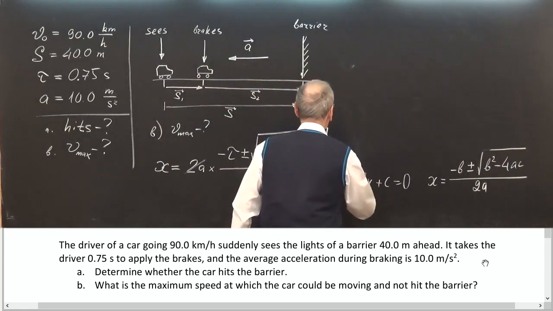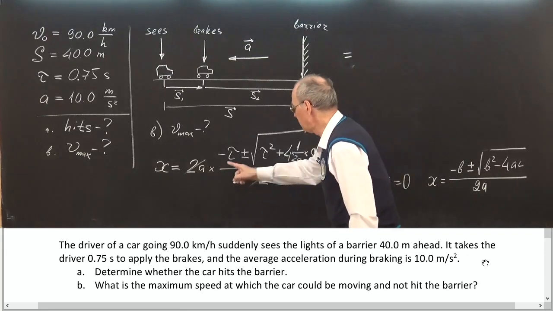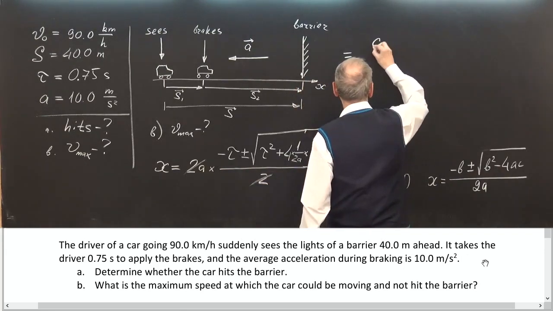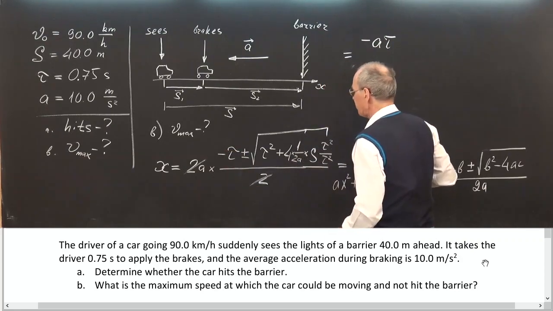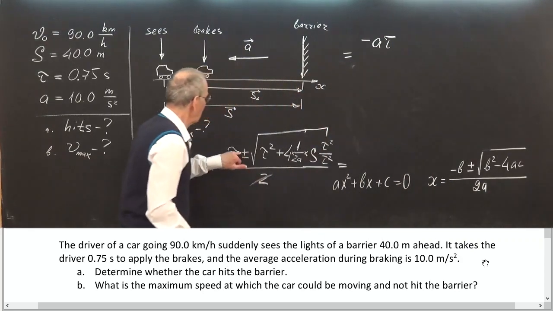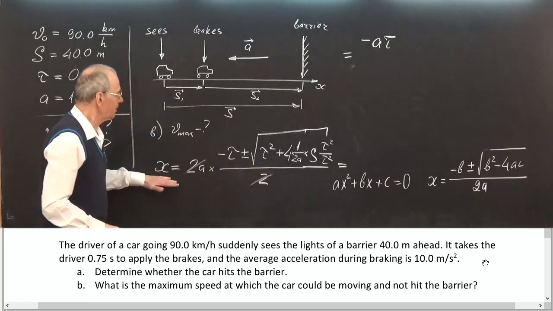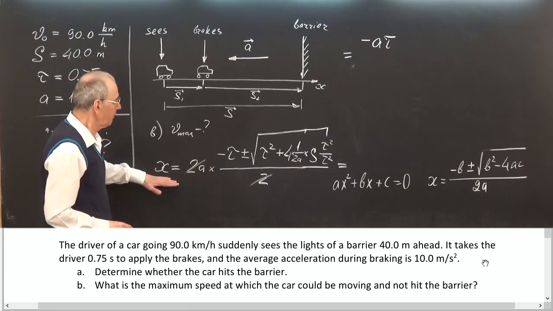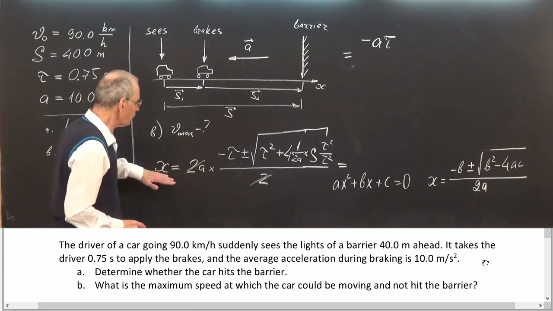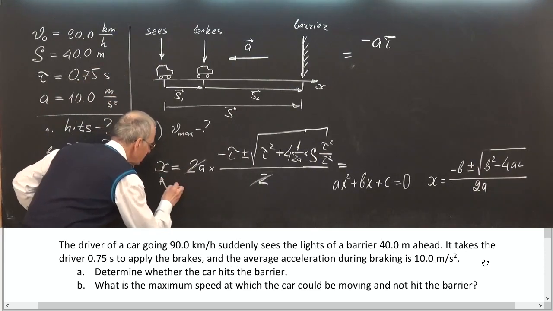It gives a tau. Then, look here, the minus doesn't make sense because x is our maximum velocity.